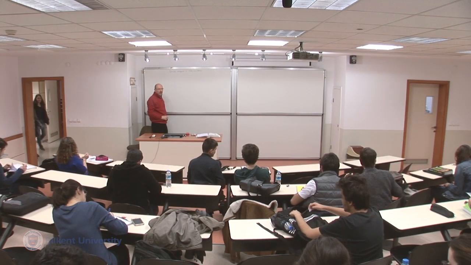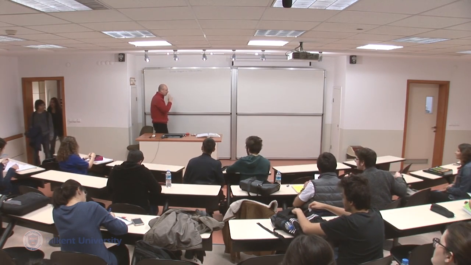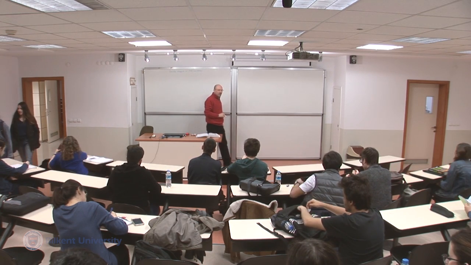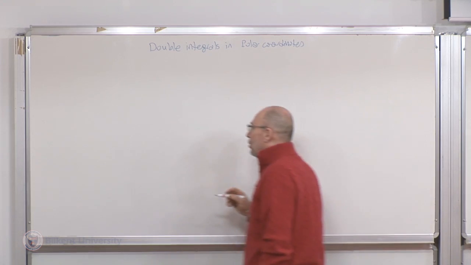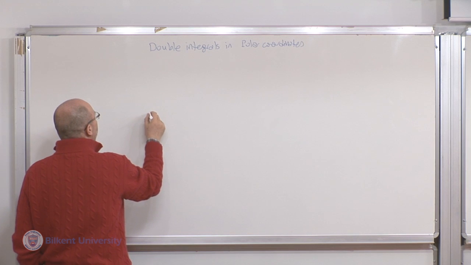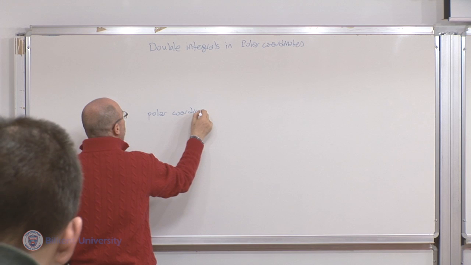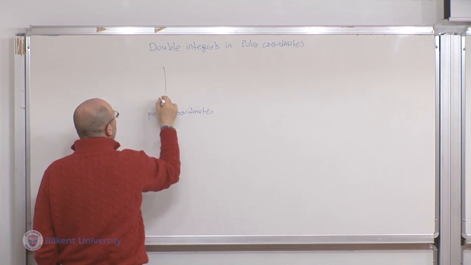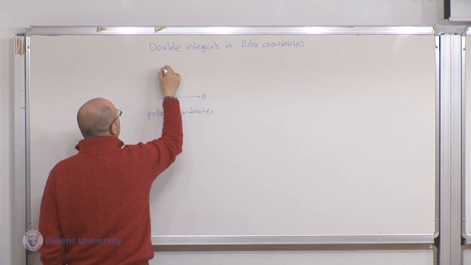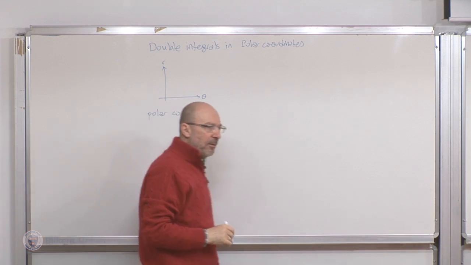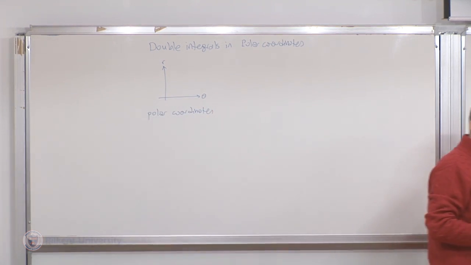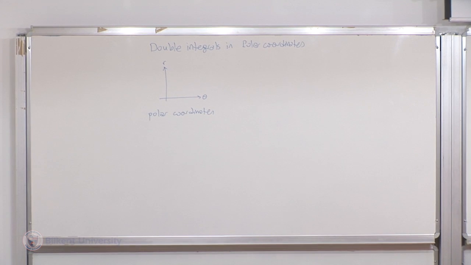Okay, here the basic idea is to change coordinates from Cartesian to polar. So in the polar coordinates, technically, you have theta and r, and generally, not always, but generally r is given as a function of theta.